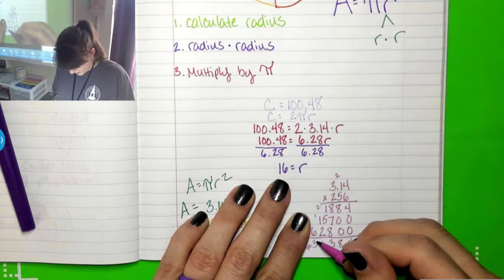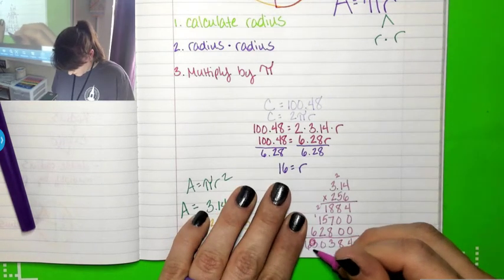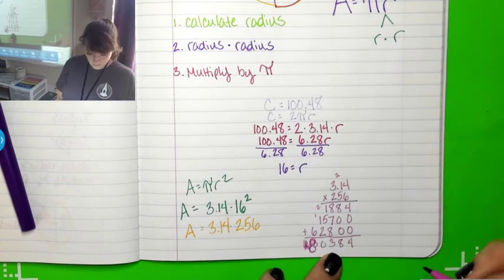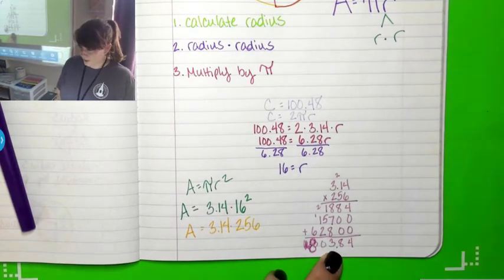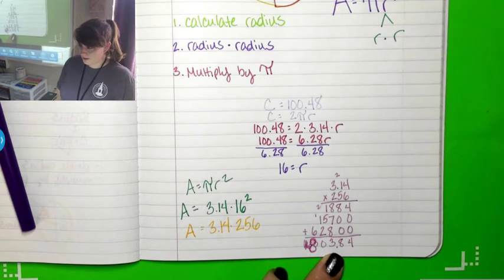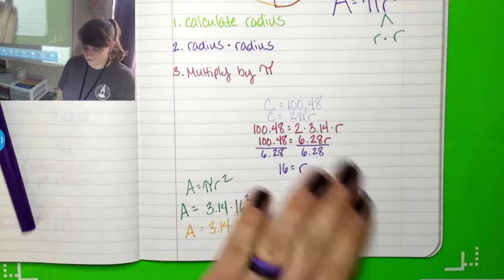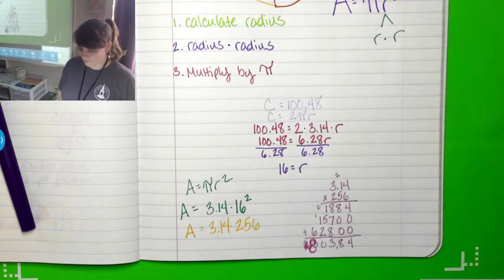There we go. That should be an 8. Sorry. I'll use the 6 twice. 803.84. Sorry, mine got messy. This is the area.